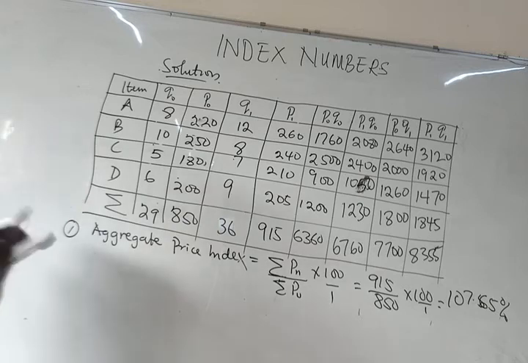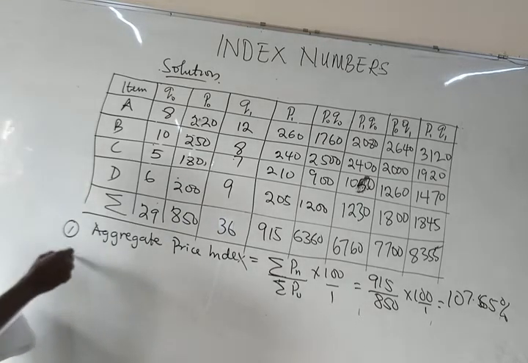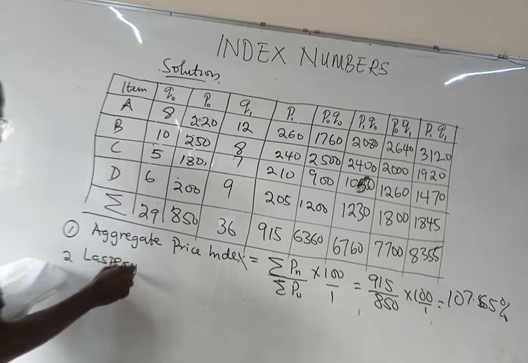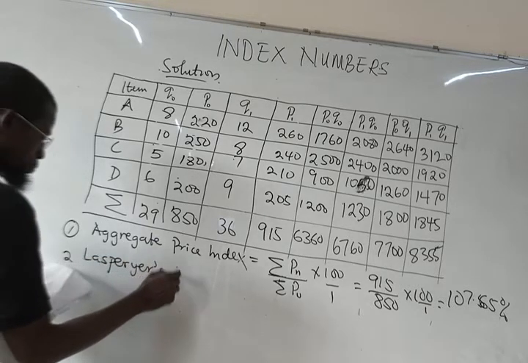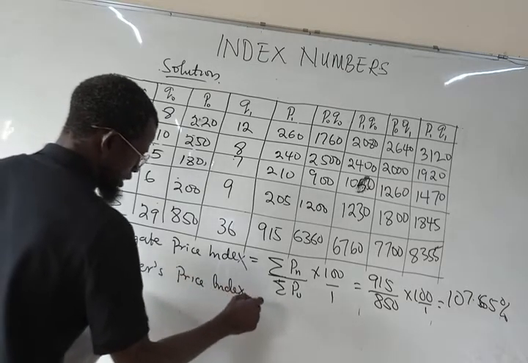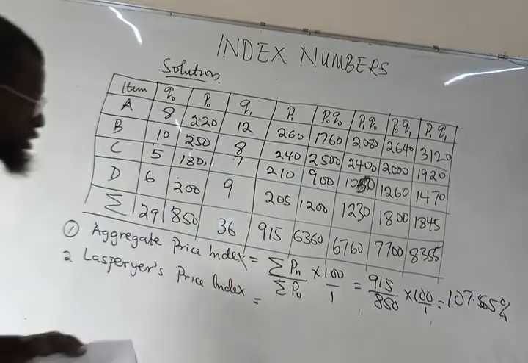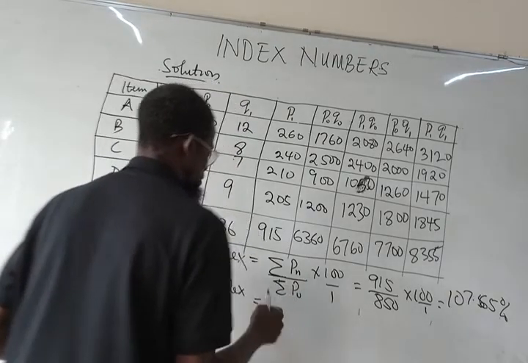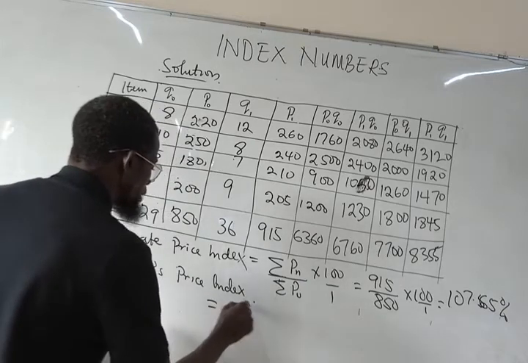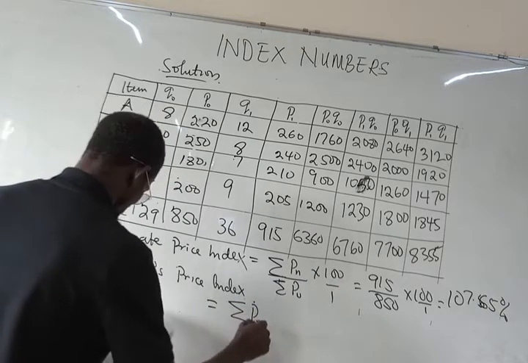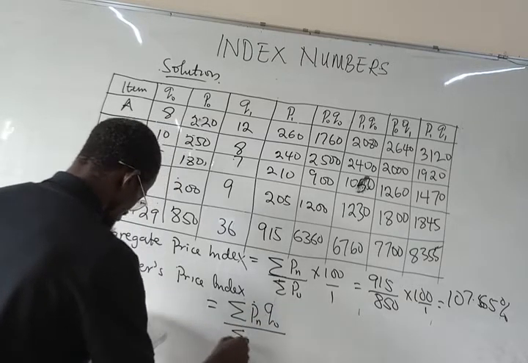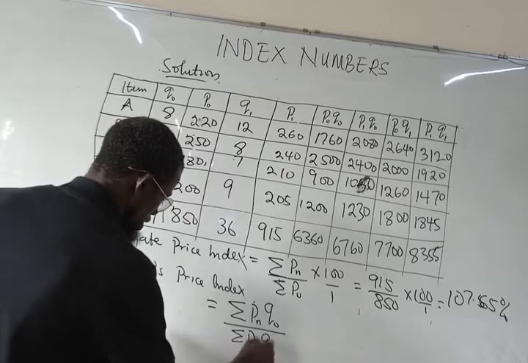So the second method is Laspeyres method, Laspeyres price index. The formula for the Laspeyres is equals to summation Pn Q naught over summation P naught Q naught.